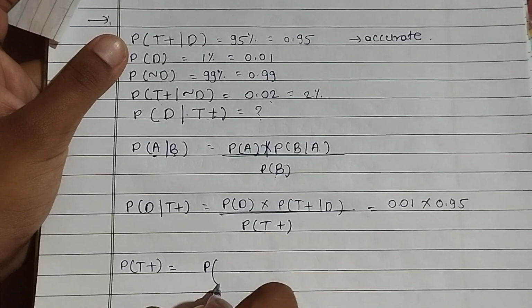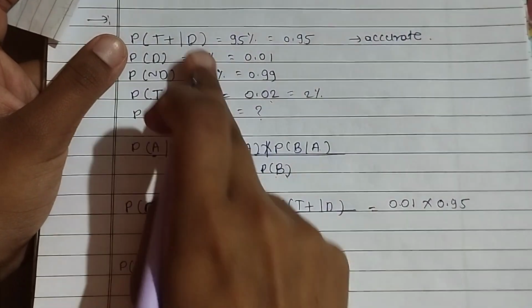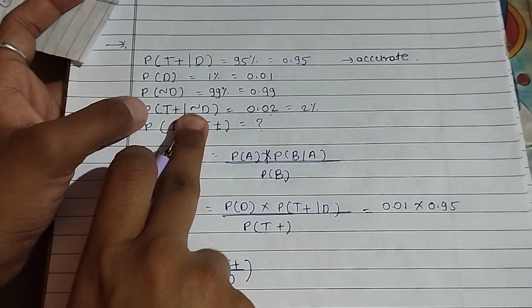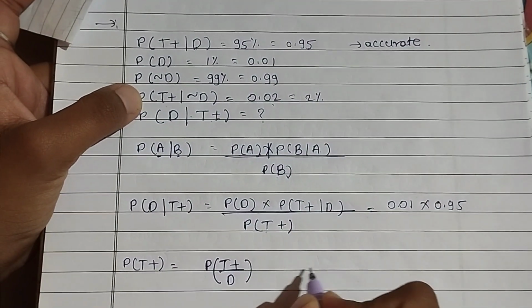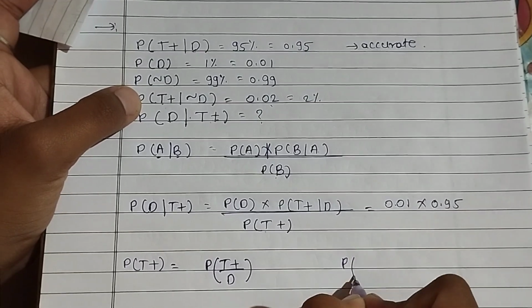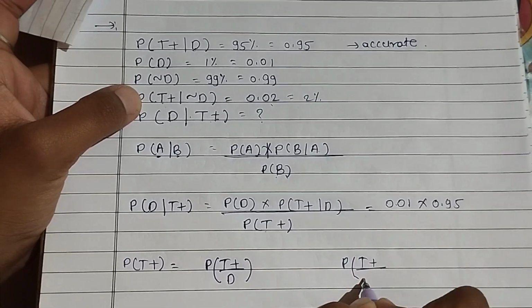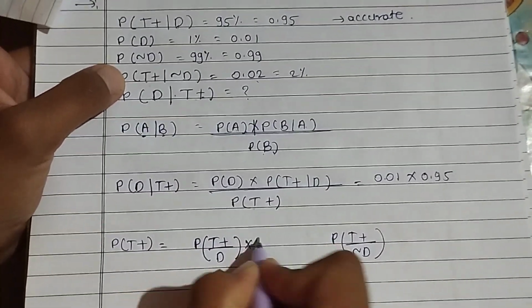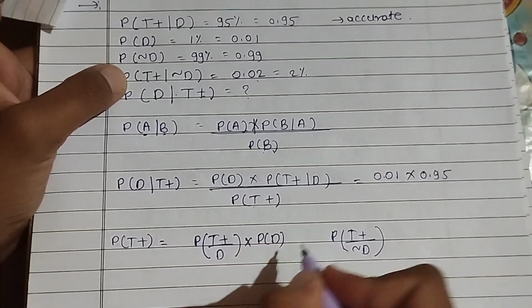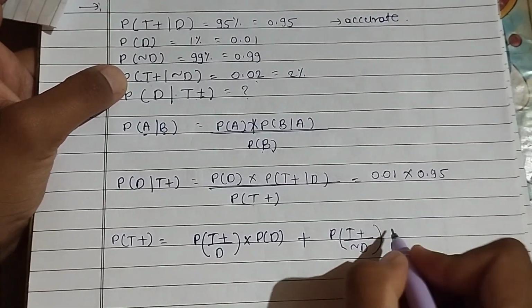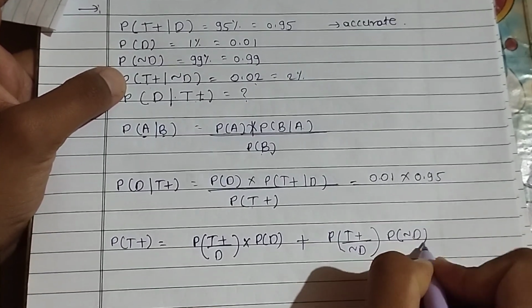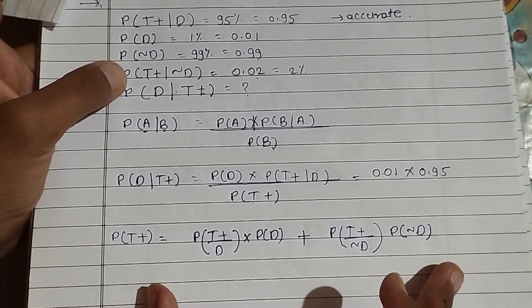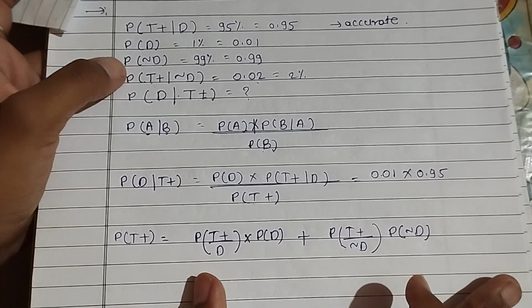So probability of T plus given D, and probability of T plus given negation D. Then multiply by the probability of D, plus negation of D, probability of negation D. This is the shortcut by which I remember the formula. You can remember it the same way.